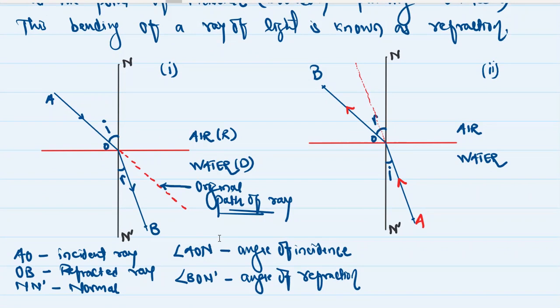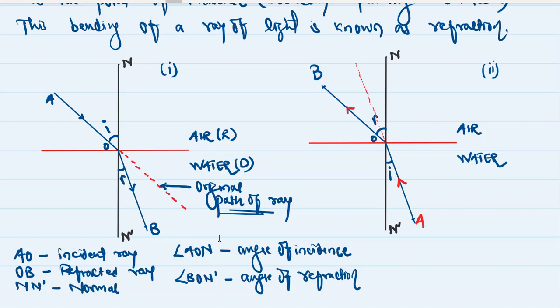It means that in air the speed of light is more than in water. So if you compare the optical density of air and water, air is optically rarer than water. Water is optically denser than air. So air is a rarer medium and water is a denser medium.